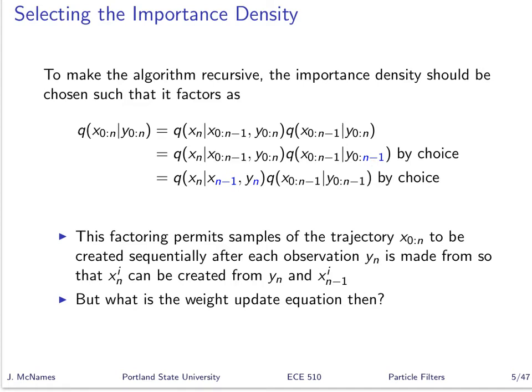And the reason that they do that is that ultimately they want this thing to be expressed in a manner in which they can advance the particles recursively. That if they know what the particles are up to time n minus 1, they don't have to recompute the entire history of those particles when they want to go to where that particle is at time n. So it's because they're trying to make this whole thing sequential or recursive that we go from n to n minus 1.